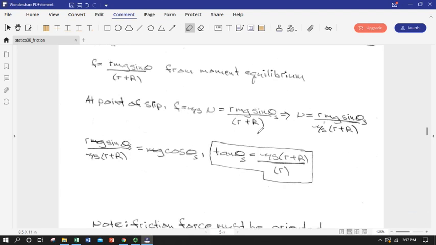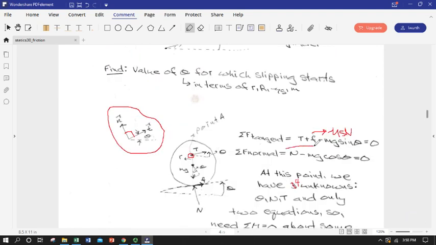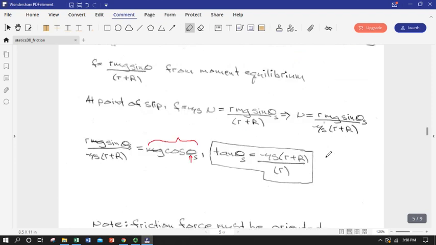And then I can go back up to my equations of equilibrium and get another expression for normal force, which was mg cosine theta at an angle of maximum slip. So I can go back up here and get N in terms of the stuff we want to know. So this is N, the normal force at imminent slip.